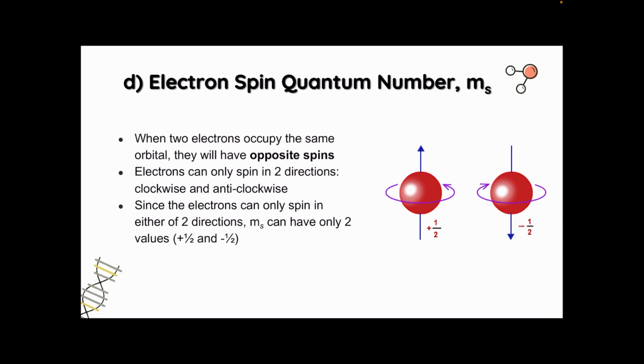The first one is +1/2 and -1/2. So from these 2 values in one orbital, we can see that a single orbital can occupy a maximum of 2 electrons. Okay, in one orbital, we can occupy a maximum of 2 electrons.